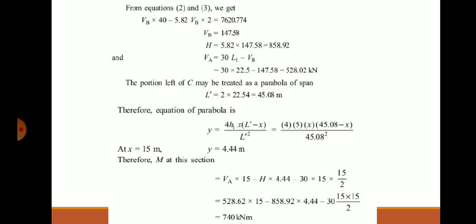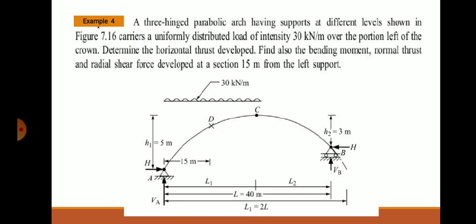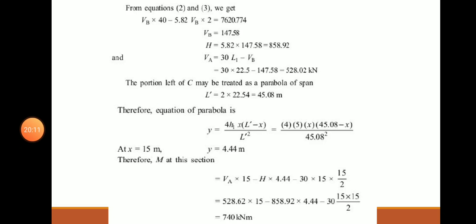The portion left of C may be treated as a parabola of span L dash is equal to 2 into 22.54. Here at x is equal to 15 meter, it is asked to find the moment, normal thrust and radial shear.